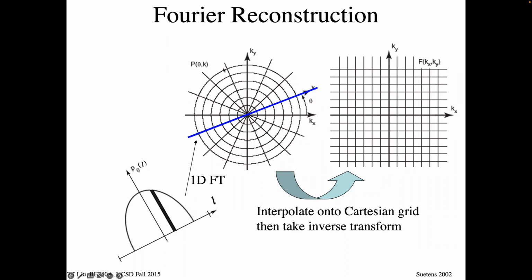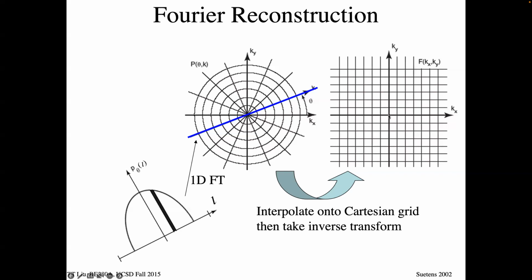But if I took this polar data and interpolated it onto a rectilinear grid, so for each point on this grid, I just look in the neighborhood of that point in my polar data and make a sensible estimate of what my value should be on that grid, then I should be able to make a rectilinear estimate of the Fourier transform of my object. And then how do I do my reconstruction?